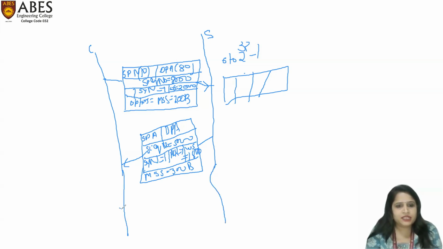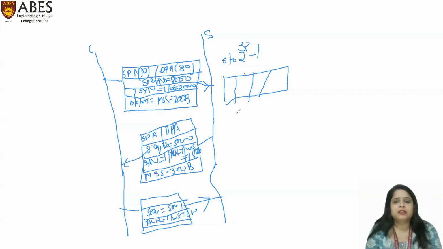Now, at the third phase, the client will also send an acknowledgement to the server's SYN packet for the proper establishment of the connection between client and server. So in that case, the sequence number is 5001, and the acknowledgement value is 1 because it is an acknowledgement packet. Window size 1800, and this is the three-way handshake connection establishment process, right?